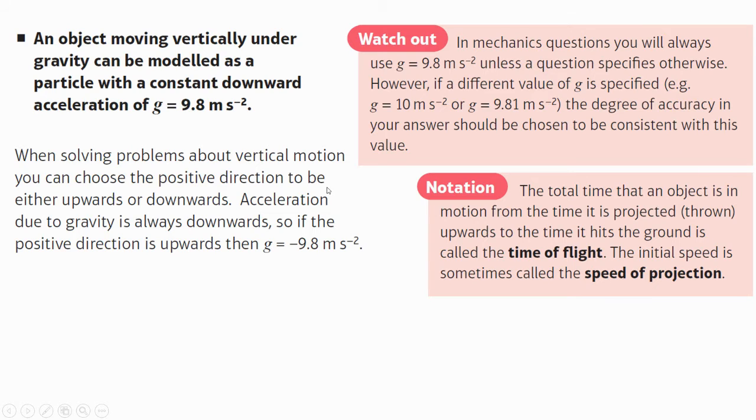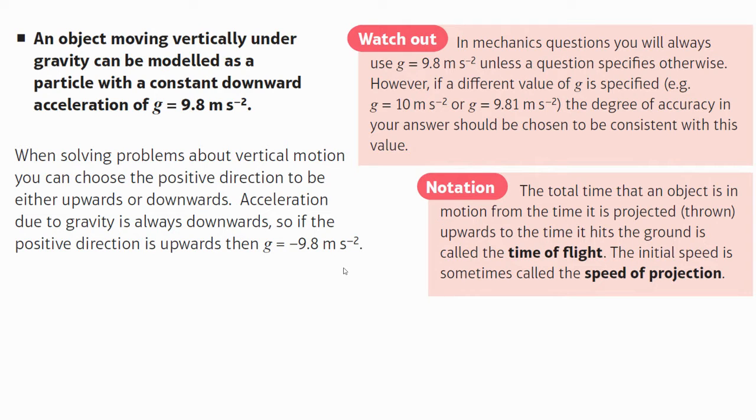We've got to be careful about which direction we consider positive. In certain instances it makes sense to think of things going downwards as positive, and therefore gravity would be 9.8. And sometimes things going upwards could be positive, in which case gravity would be minus 9.8.